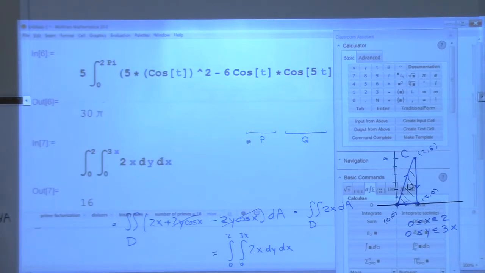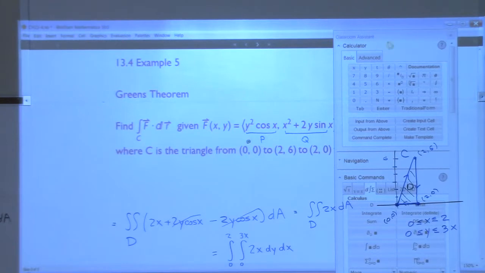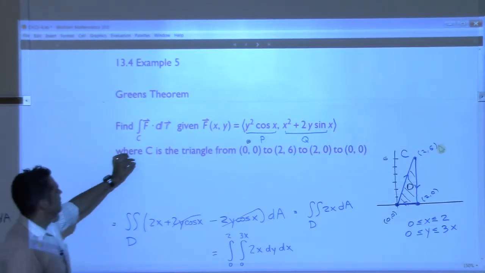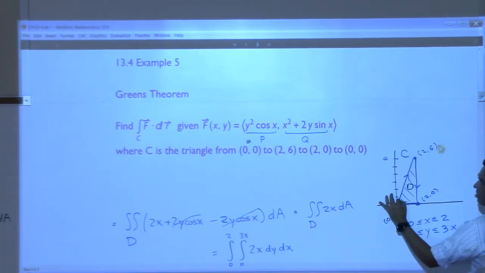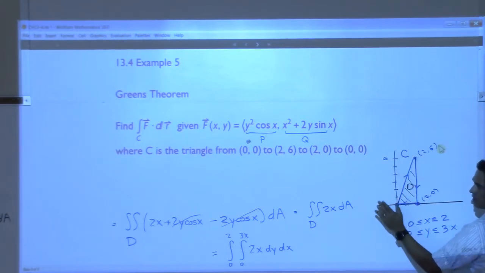So that means if we go back to the original problem, what we're saying is that if you were to take a particle and move it along this curve through that vector field, then the work done would be 16.